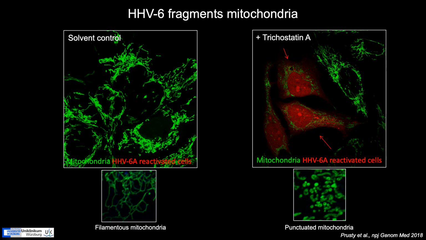Here I show you a closer look at the mitochondrial structure. Latent HHV-6 carrying cells show a more filamentous mitochondrial structure, whereas upon virus reactivation, a more punctate mitochondria can be observed in these cells.